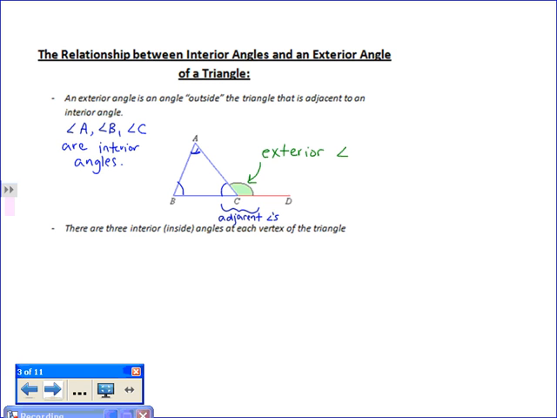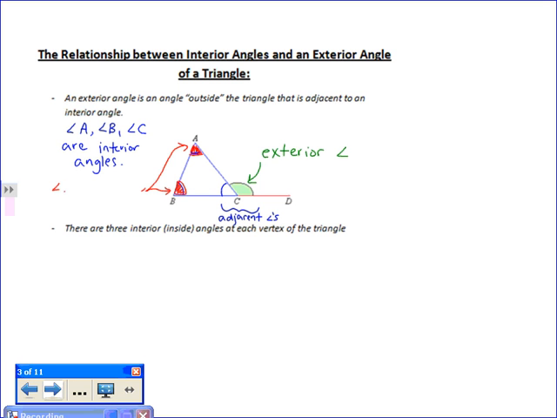And these other two angles, angle A and angle B, are not attached to the exterior angle, and they're given the term non-adjacent angles.